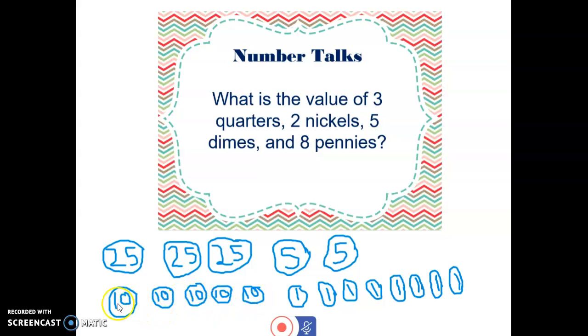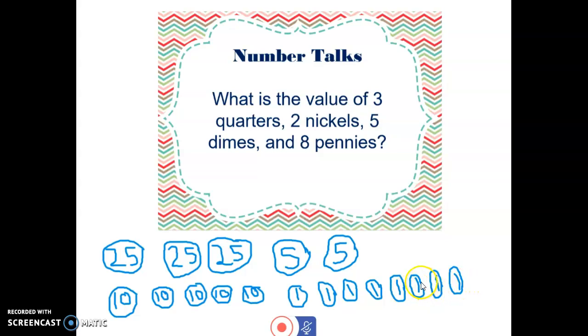A dime is worth 10 cents, so I have 10 inside of each dime. And 8 pennies. 1, 2, 3, 4, 5, 6, 7, 8. A penny is worth 1 cent, so I have the number 1 inside of each penny.